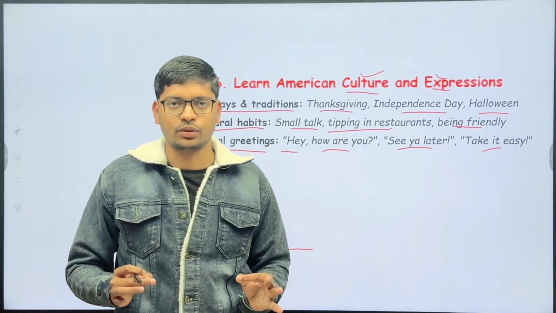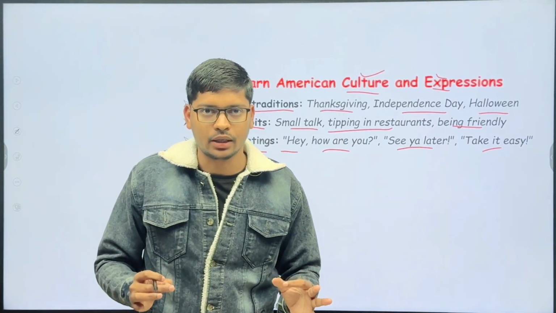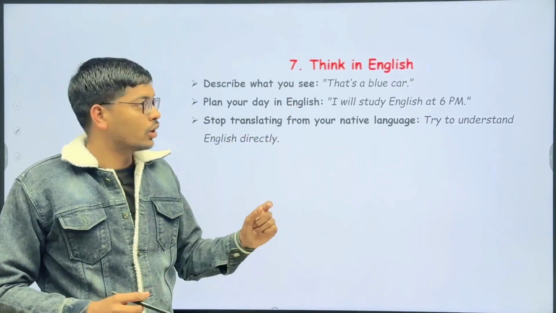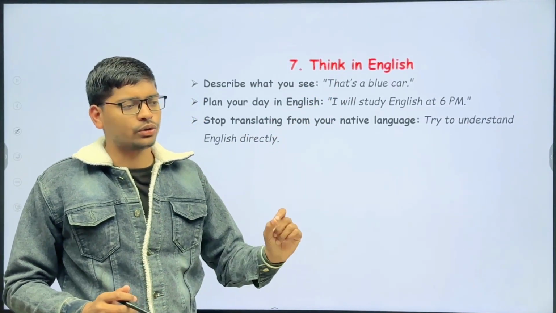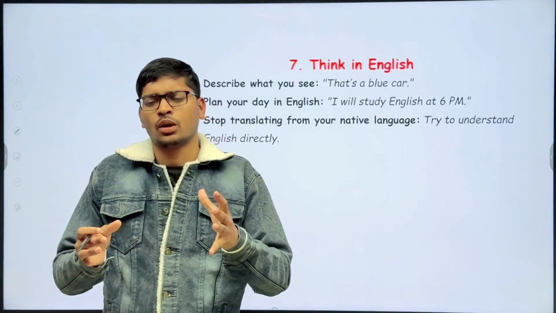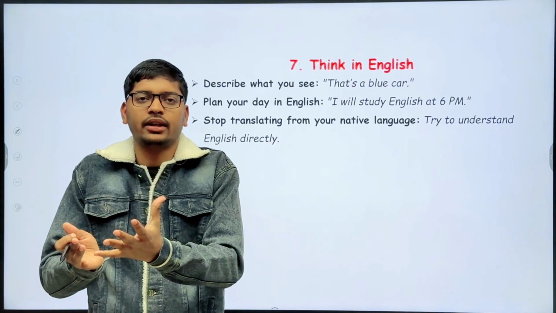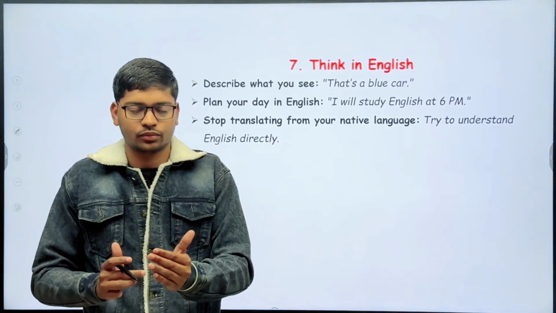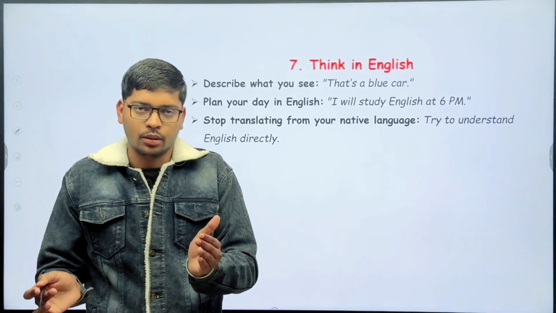Let's see our next or last point, that is the 7th point. Our 7th point is think in English. This is a very complicated topic. Thinking is a process, and this process is in your mind.